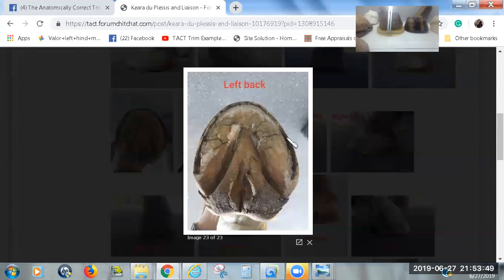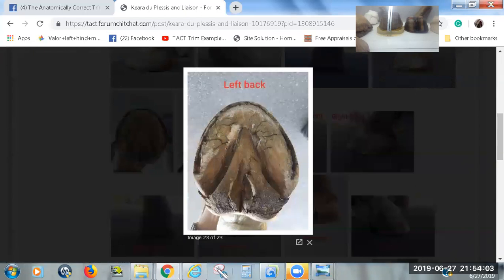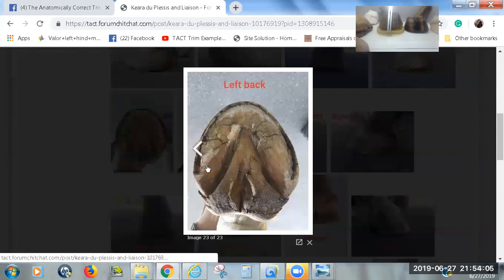Something you might start doing though is just trying to take this over some and get it off of that part of the foot, by taking a hoof knife and scaling it. Just kind of following it over, because I bet once you get under here, you're going to see nothing but dirt.